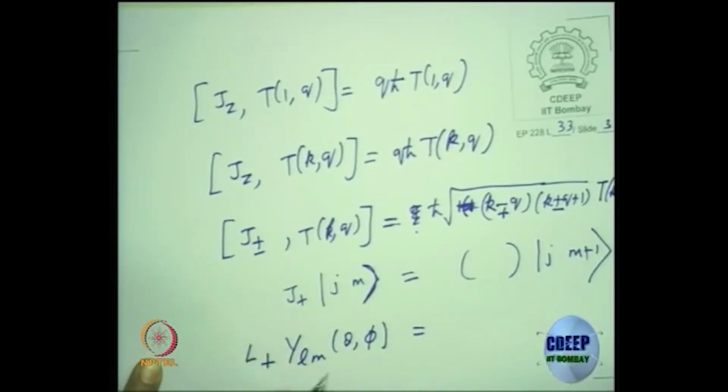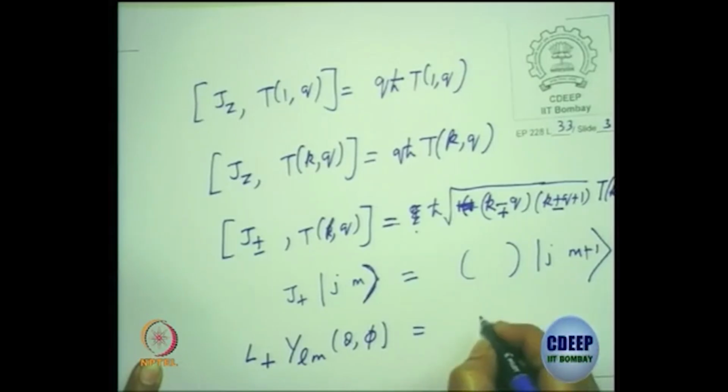Formally, you know the differential operator for L plus, right? You can write a differential operator for L plus, and you know what Y_LM of theta phi is. Take L equal to 1, do the L plus and check what you get, what is expected.